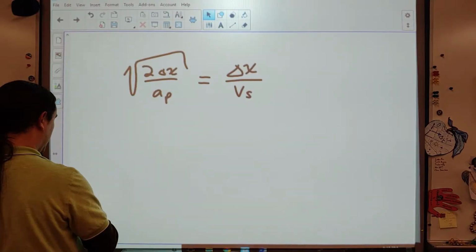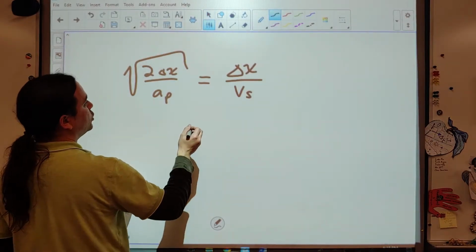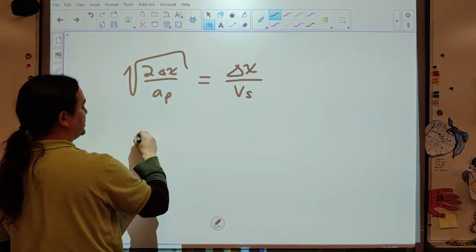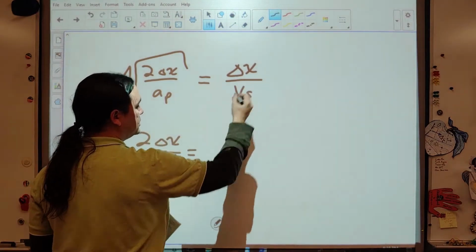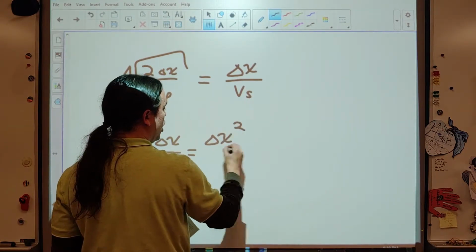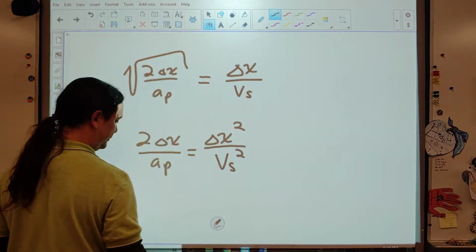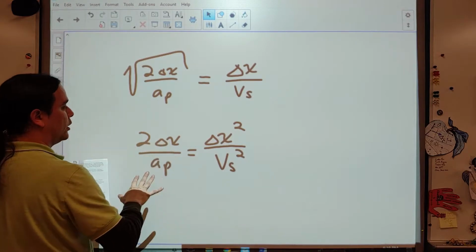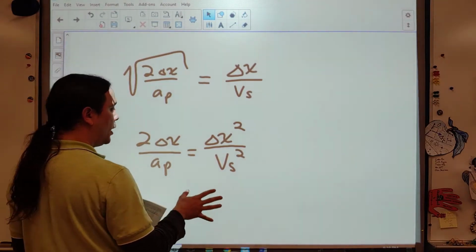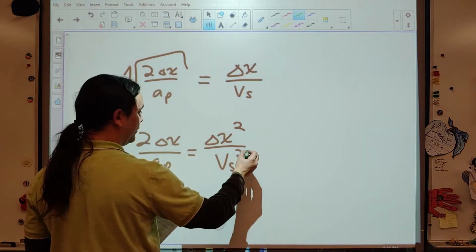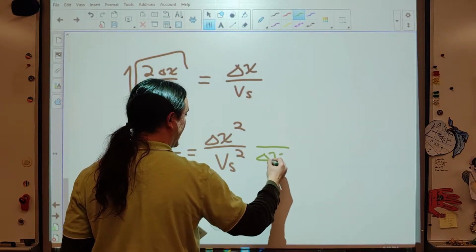To clean this up a little bit, I'm going to square both sides. That gives me 2 delta x divided by AP is equal to delta x squared over vs squared. Now I got rid of that square root, because that's always a pain to work with. I want delta x by itself, so I can divide both sides by delta x.